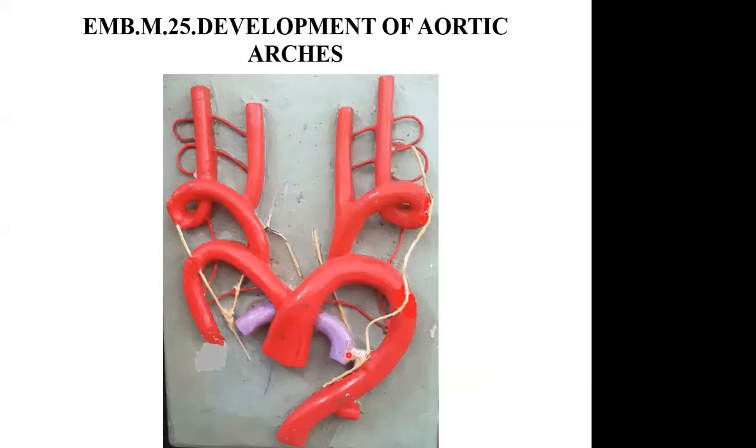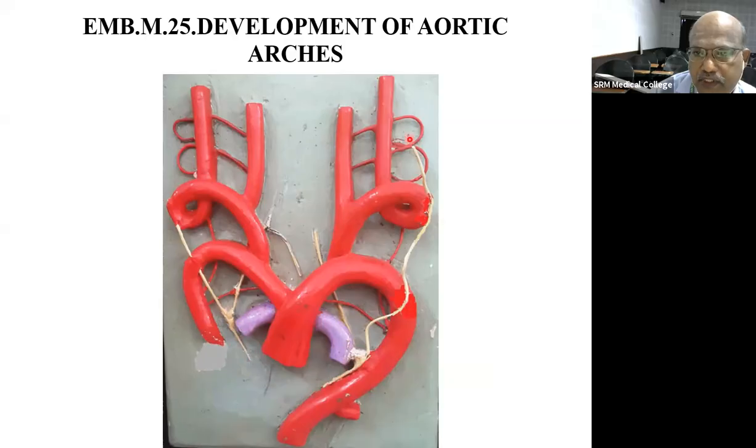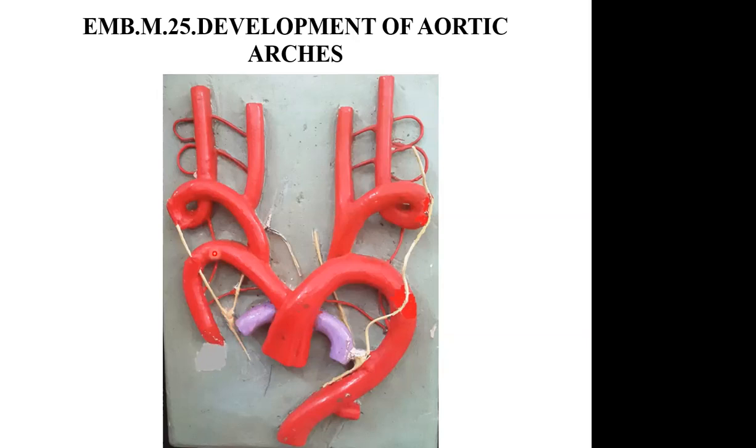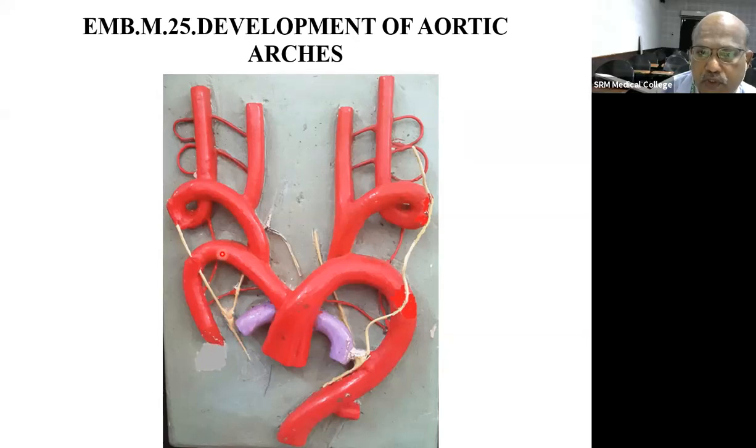Now this is the vagus descending down. This is your recurrent laryngeal nerve. On the left side it hooks around the ductus arteriosus and goes up. On the right side, as this part disappears, it goes up. That's why it hooks around your right subclavian artery on the right side.